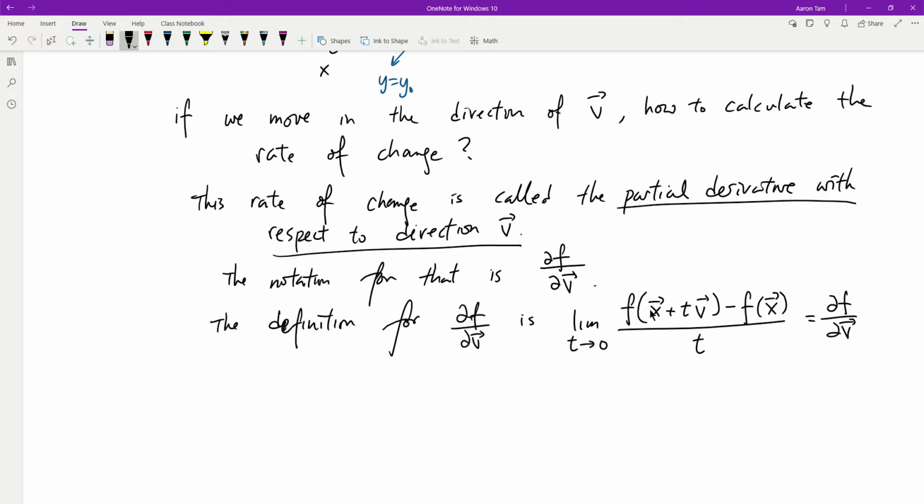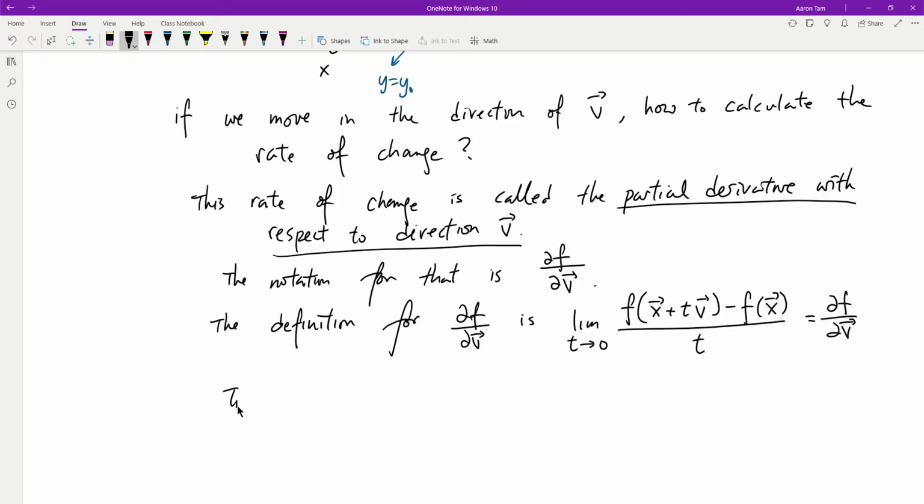Now, as you probably suspect, we're actually not going to be using this definition too often because, remember, we don't like to use the limit expression to define the derivative since that's too complicated to calculate. So we do need some quick way to evaluate it. And this is what it is.